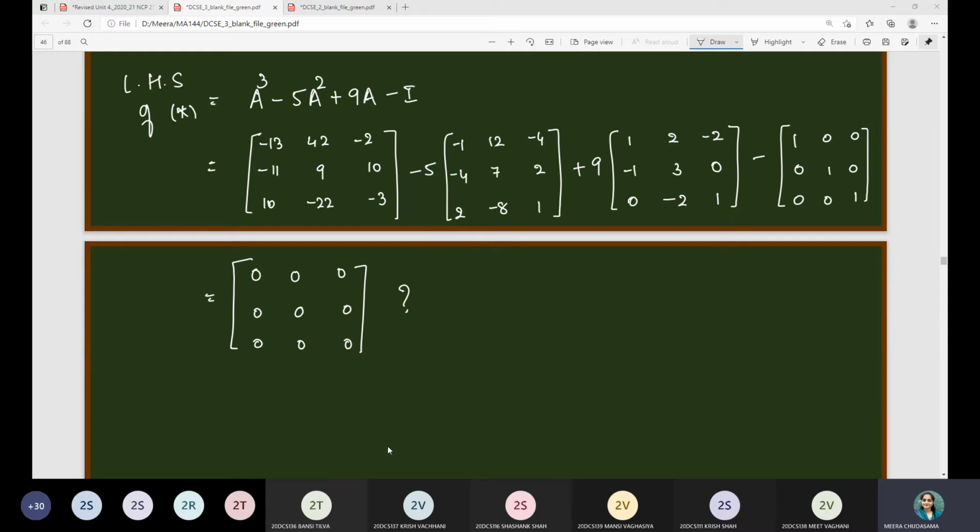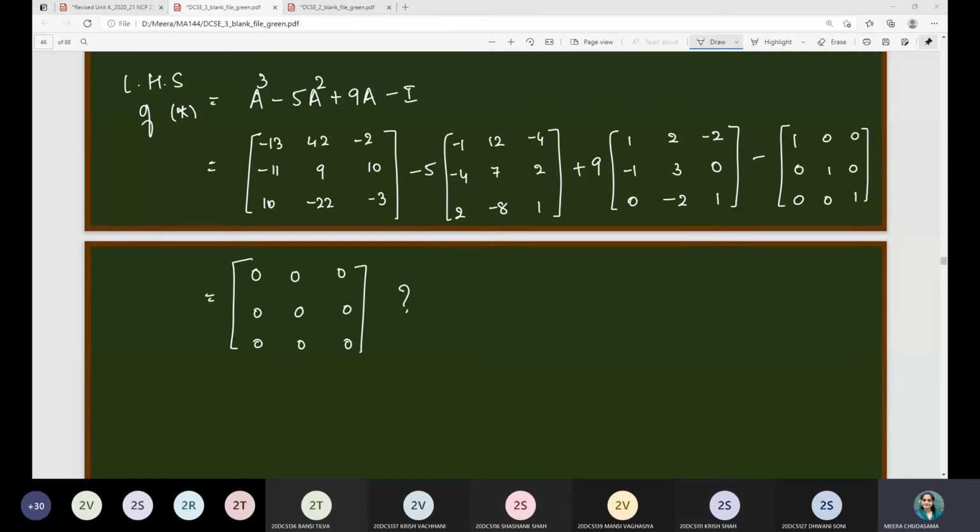Yes, ma'am, got it. Very good, Shashank. What about you, Ishan? Yes, ma'am, got it. Very good, Dhwani. Yes, ma'am, got it. Very good. Ishan, are you there? Yes, ma'am. Okay, you got the zero matrix? Yes, ma'am.